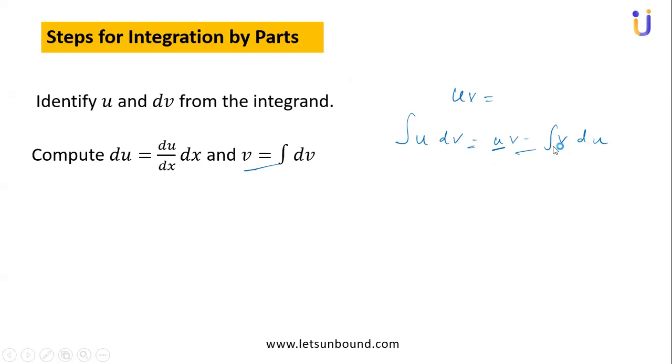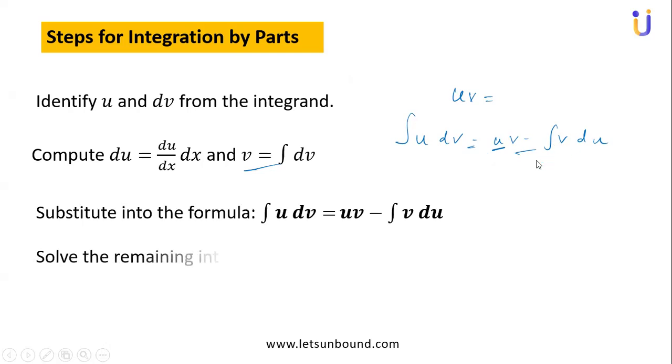Substitute in the formula and solve the remaining integral. One part will be already solved, the other will get simplified. Then either you can easily integrate, or you have to apply some other technique, either u substitution or again integration by parts.